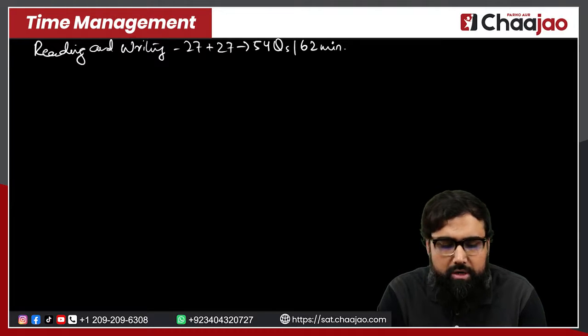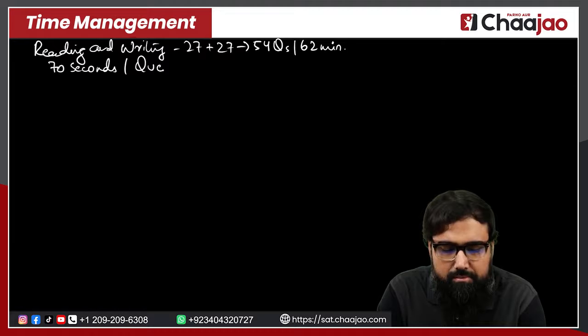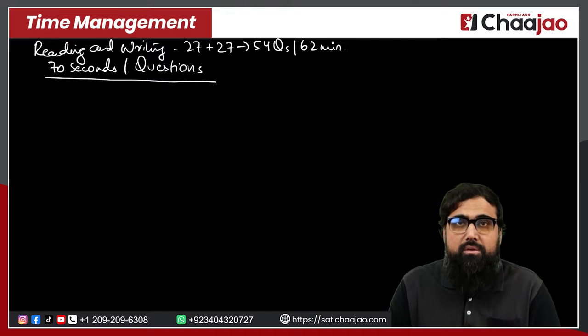Time per question comes to approximately 70 seconds. That means whether you have a detailed, lengthy question like cross-text connections, or a lengthy claim question, or a simple words in context question, or a relatively shorter one, you have 70 seconds for all of these questions.